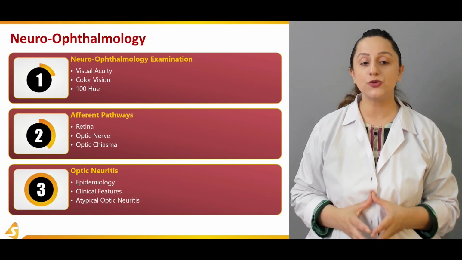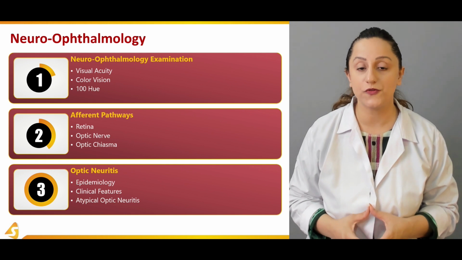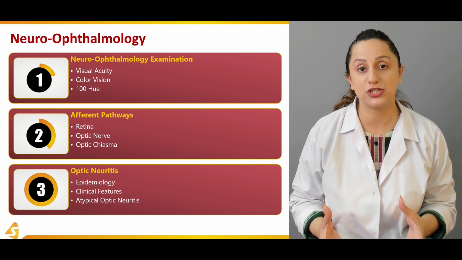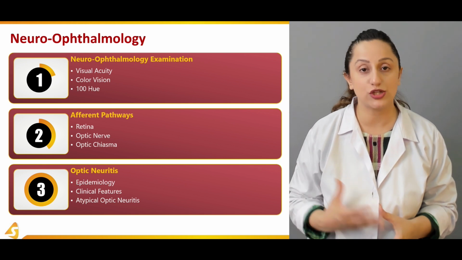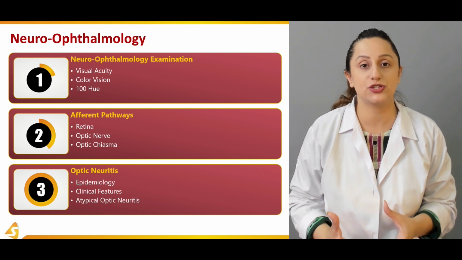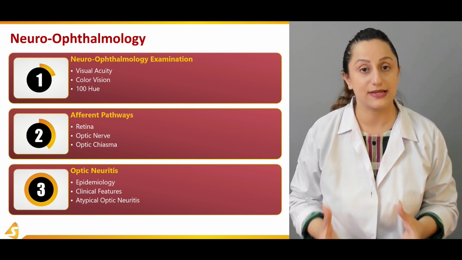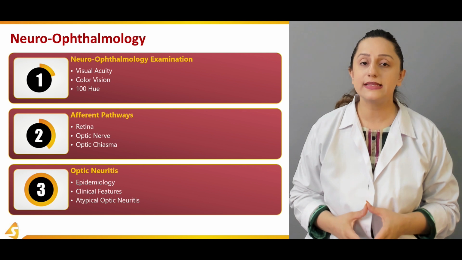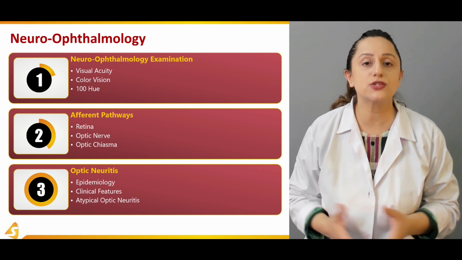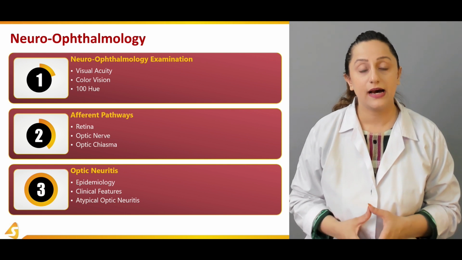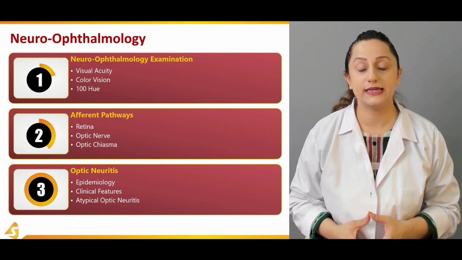In the first section, we are going to define the Neuro-Ophthalmology Examination. So how do you go about examining a patient who has neurological problems as well as some sort of ophthalmological disease? Obviously, it is going to relate to any ophthalmological examination, and it will start off with inspection.